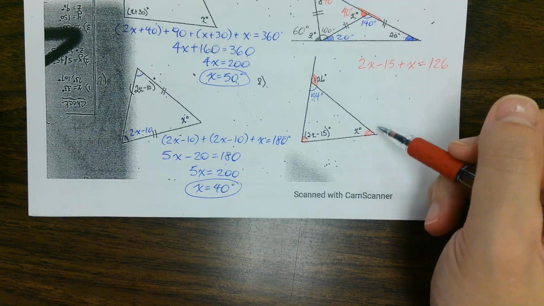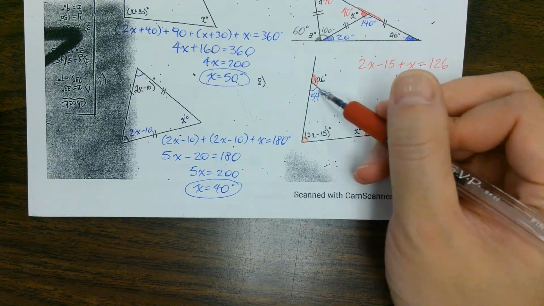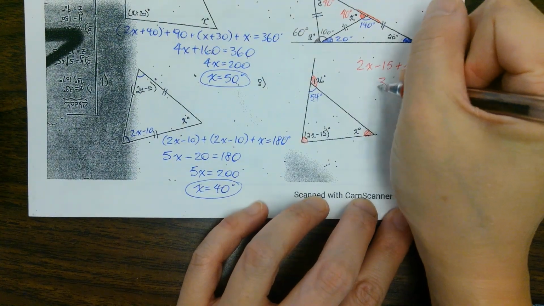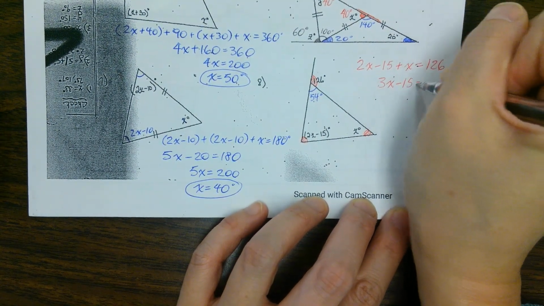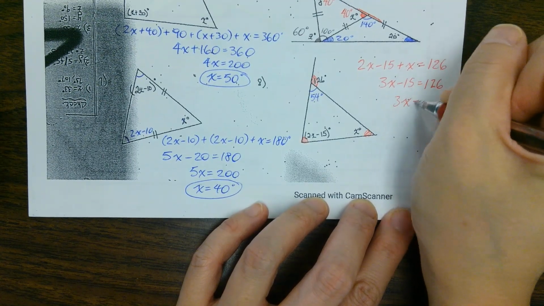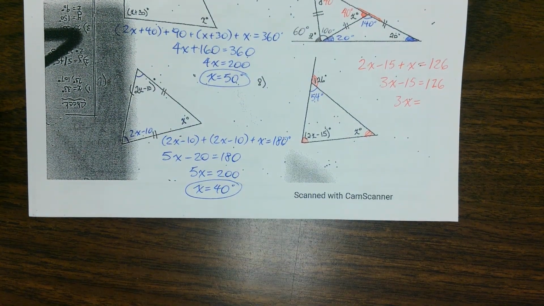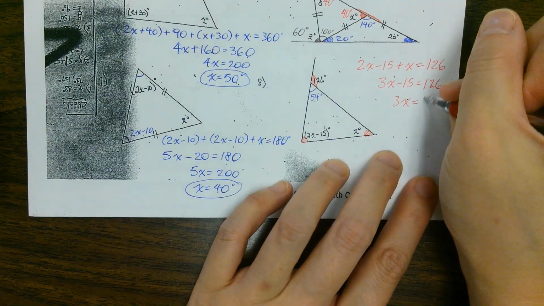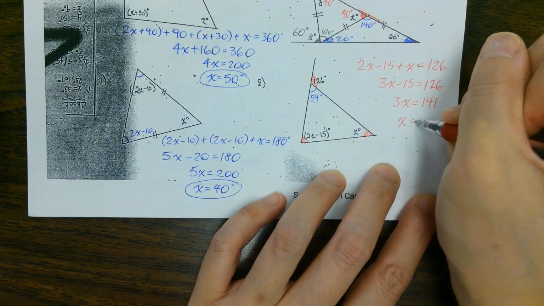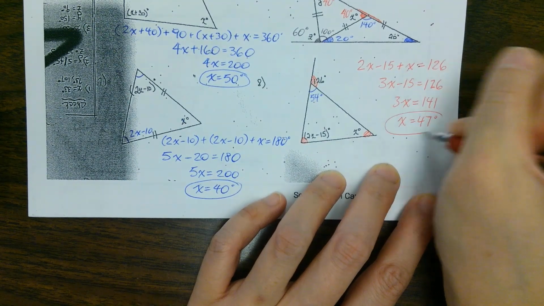If you don't remember this method, you could just do the 54 and then add them up to 180. It's the same thing. So 3x minus 15 equals 126. So 3x equals 126 plus 15, 141, divided by 3. So x is 47 degrees.